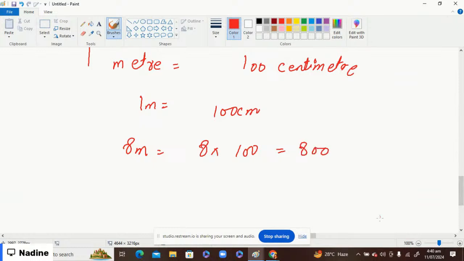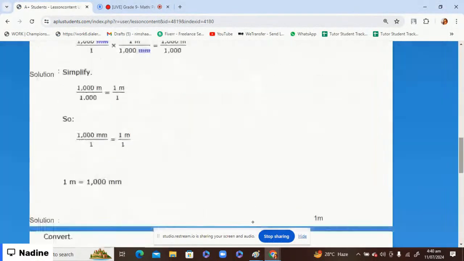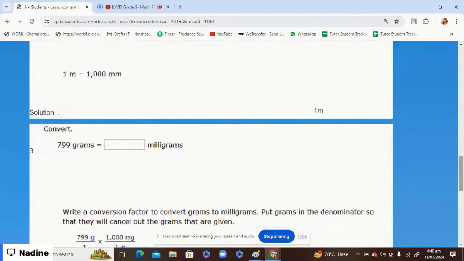This is what we have done. First of all, grams to milligrams: for grams to milligrams, it's multiplying by 1000. For meters to centimeters, it's multiplying by 100.